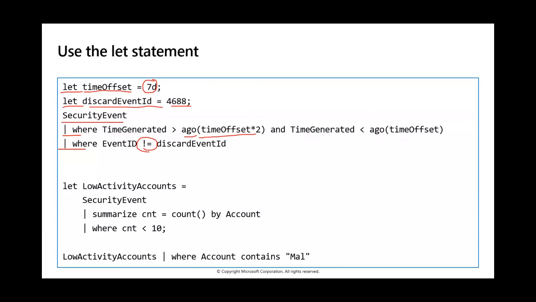While time offset, TimeGenerated, and discard event ID are property types, for example.